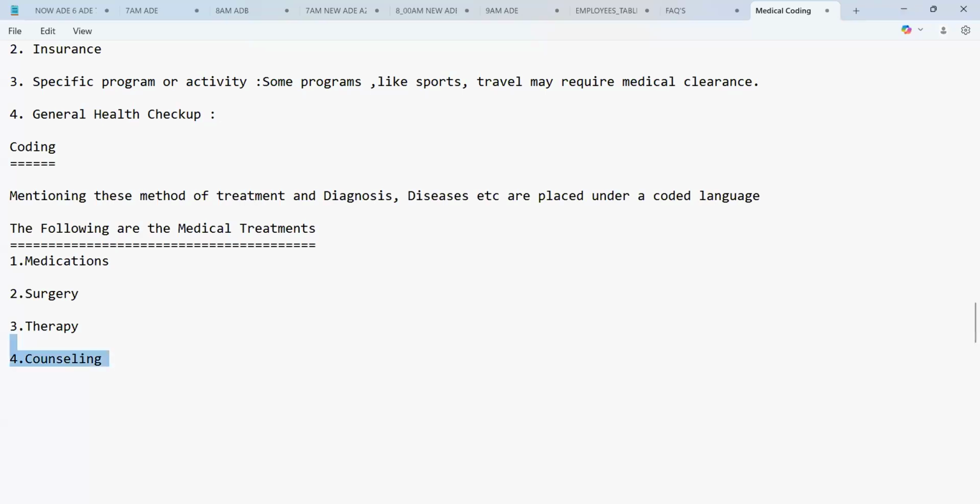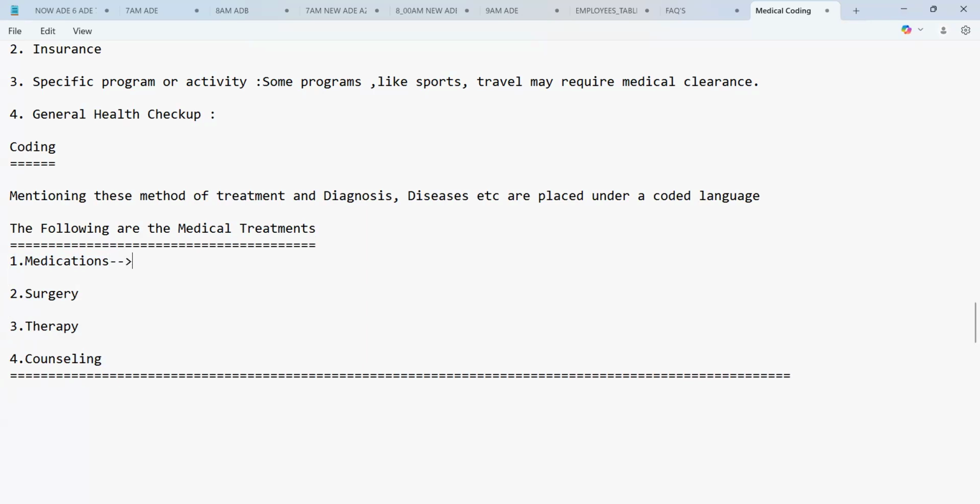Okay, guys, counseling. So these are the four different types of medical treatments provided to a patient. When you talk about the medication, or the surgeries, whether minor or major, or the therapies, or the counseling, all this will be placed in a coded language.